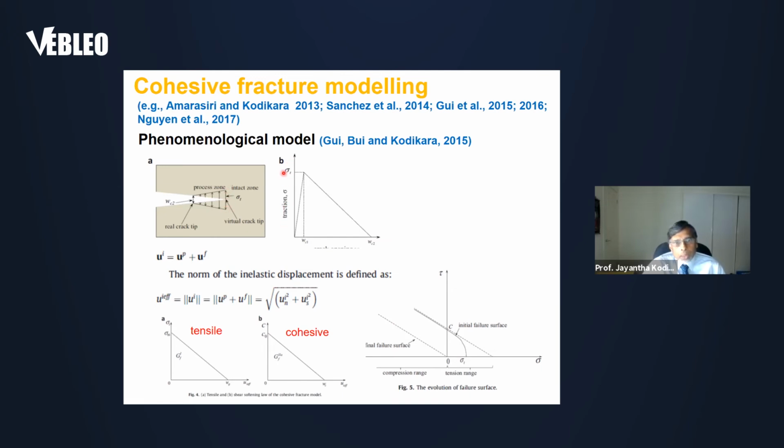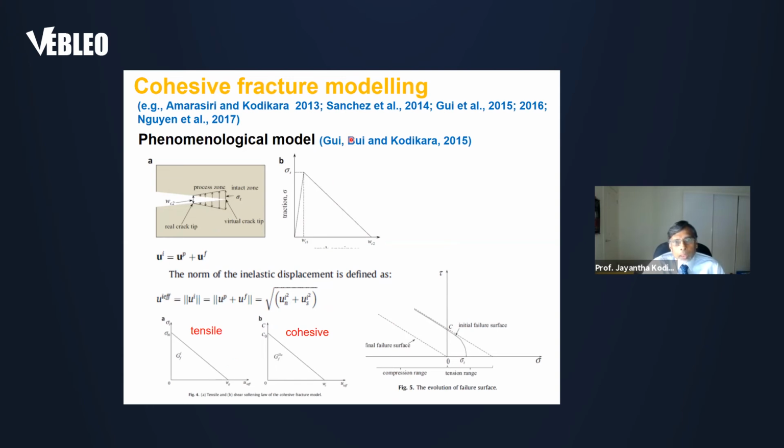So traction or tensile stress and the crack opening can be presented by this cohesive model, and the fracture energy is the area under the curve. Utilizing that, you can present a numerical approach to incorporate fracture formation.